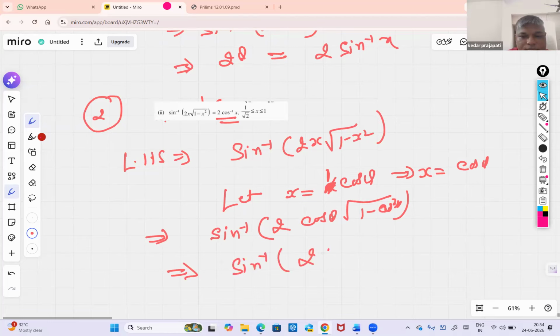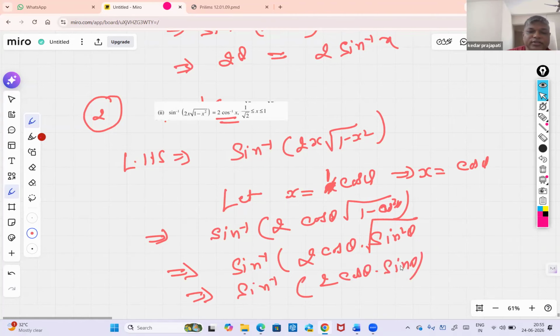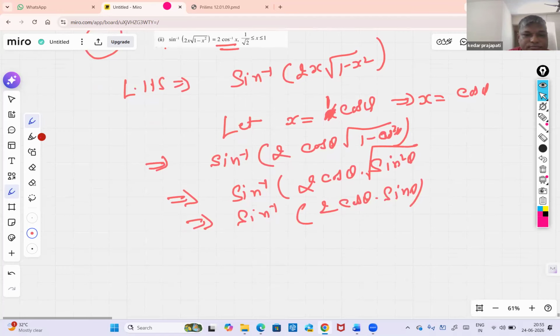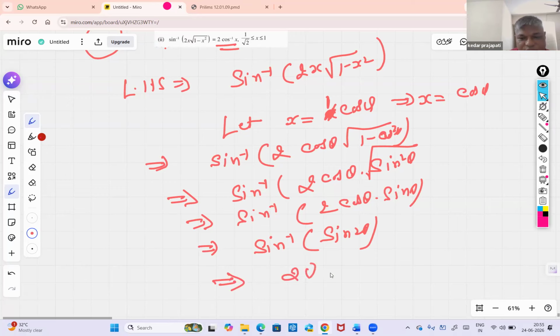This will become 2 cos theta, and 1 minus cos square theta is sin square theta, so sin theta comes out of the root. This will become sin inverse of 2 cos theta into sin theta, which is sin inverse of sin 2 theta. Now sin inverse and sin are gone, so it will be 2 theta.